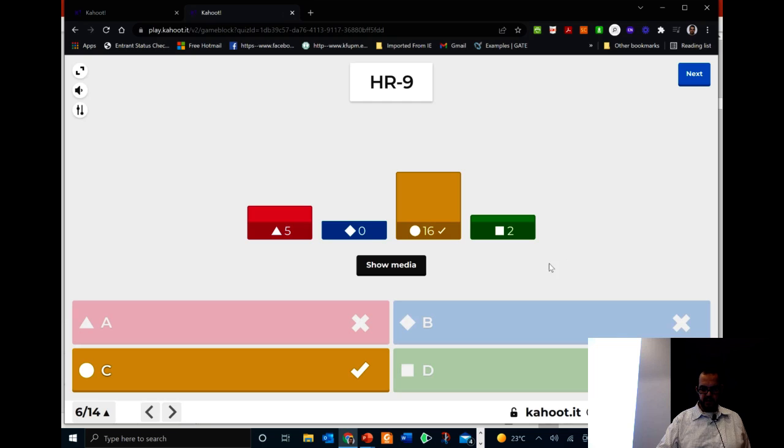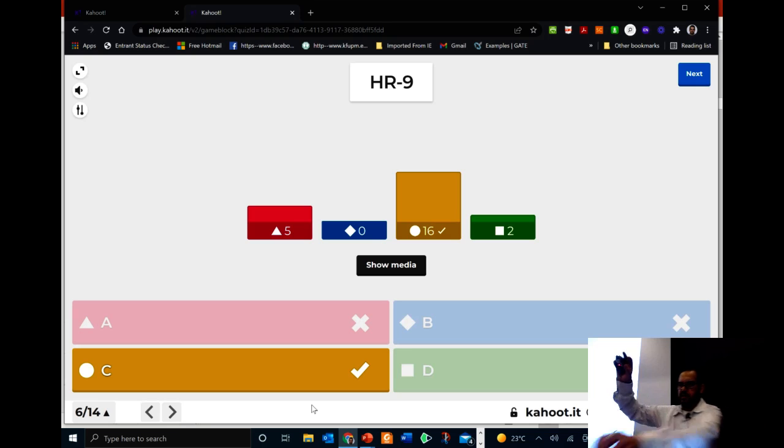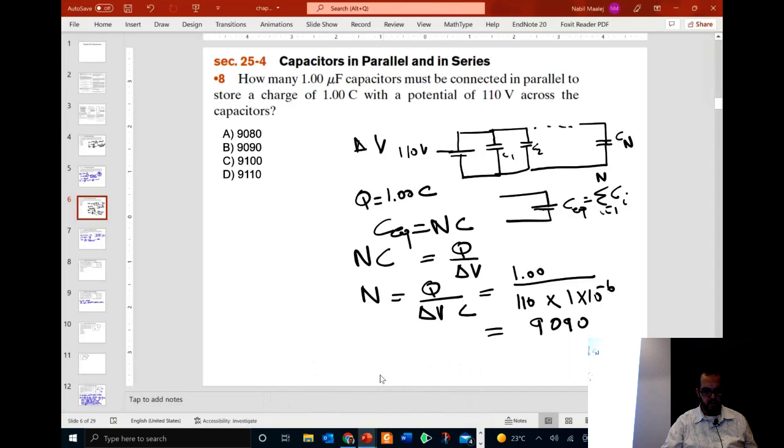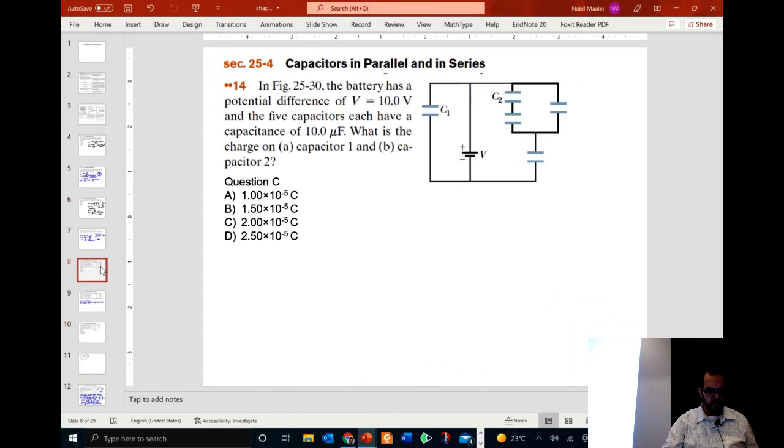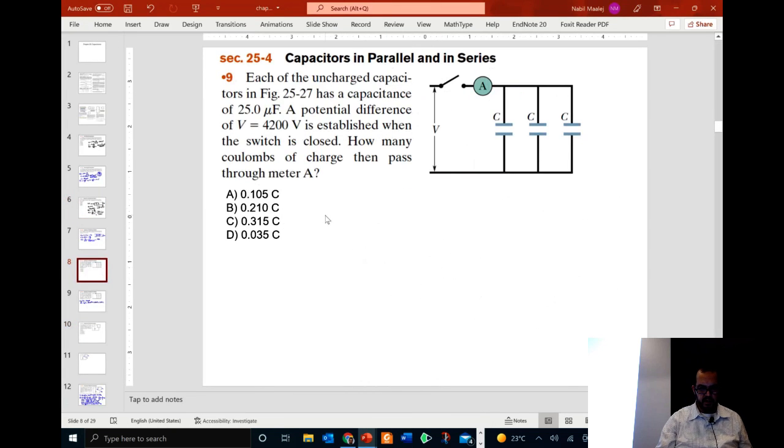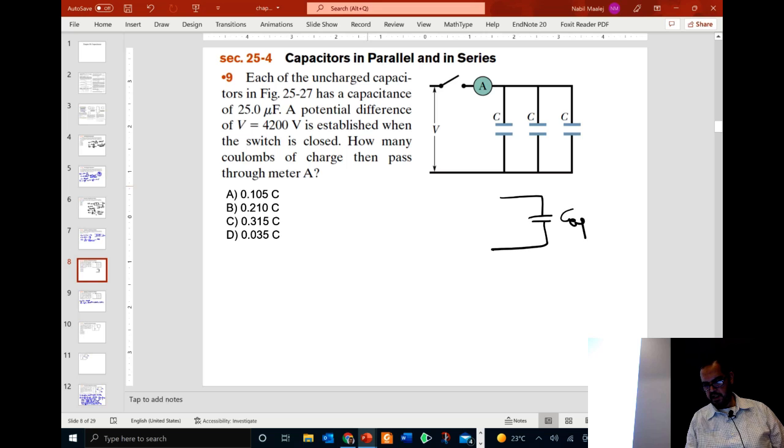Good. All right, so let's look at this problem. Very simple. It's very similar to the previous one, actually. Okay, so this is the problem here. Okay, so again, we can replace these by equivalent capacitance, C equivalent.